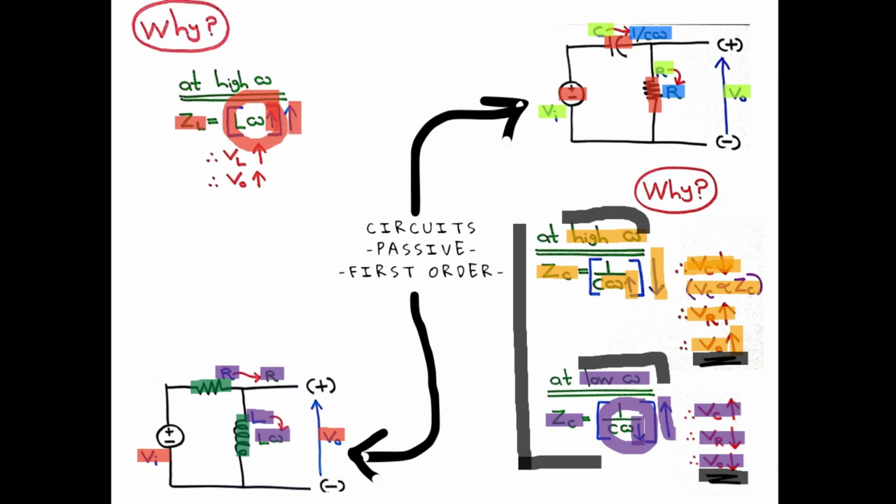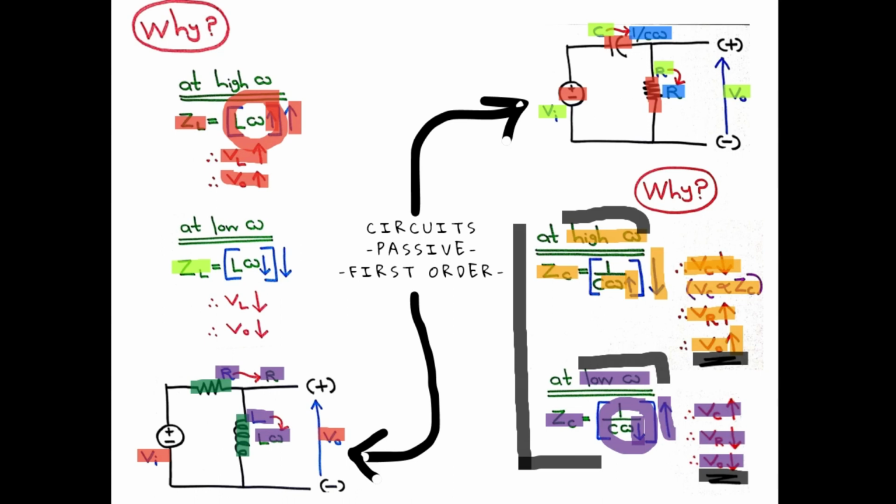So because of that, VL, which is the voltage across the inductor, is also high, which means Vout is also high. Then at low frequencies, the impedance of the inductor XL equals L into omega.